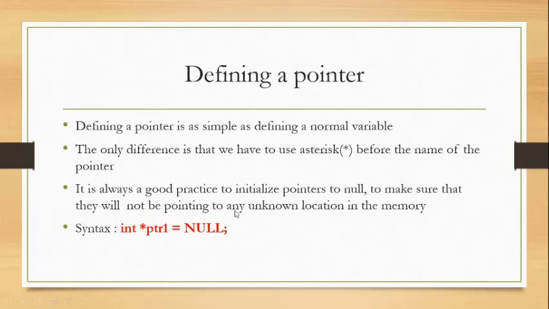If you didn't initialize it, there might be a chance that the pointer by default is pointing to some unknown memory location, and hence it might lead to some complications. Hence it is better to initialize them to NULL.